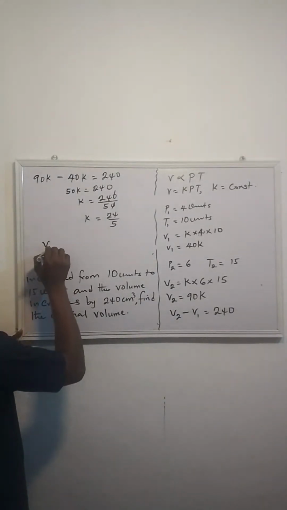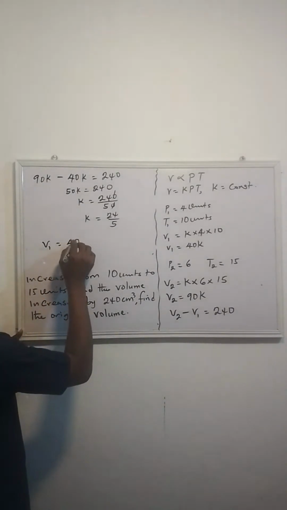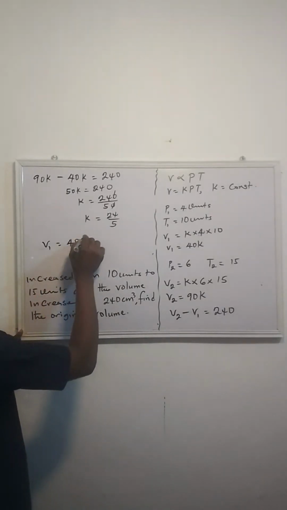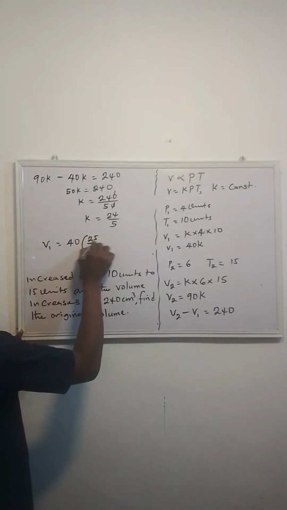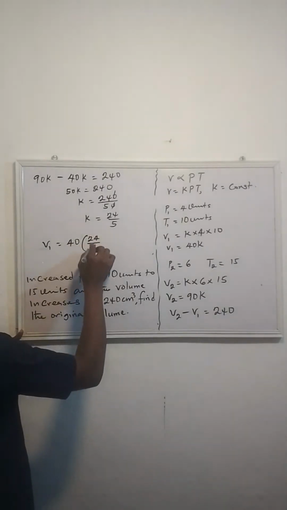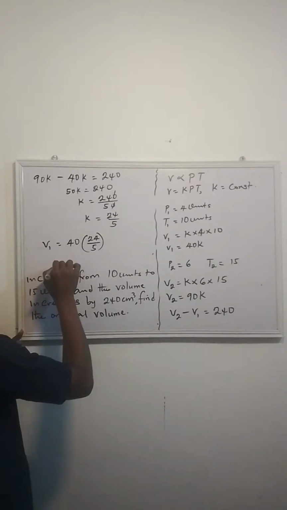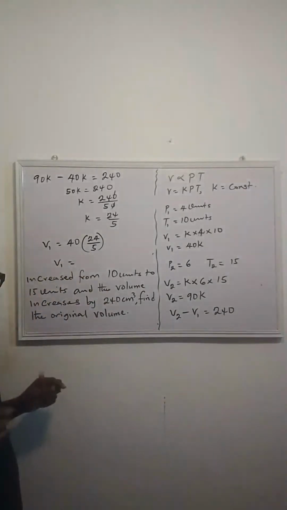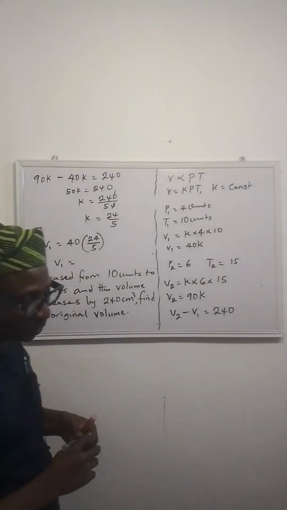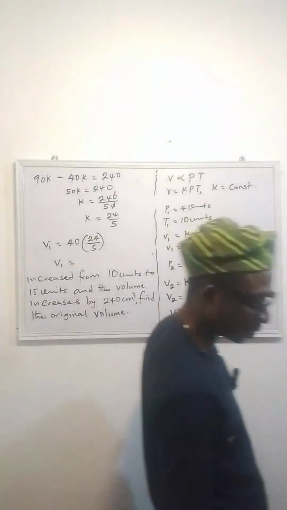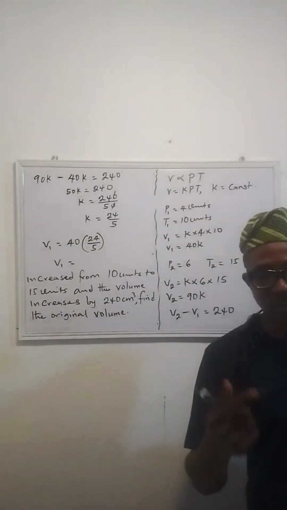So V1 equals 40K, and K is the same thing as 24 over 5. Can you tell me what's going to be the answer now? What's going to be the original volume? Do that and let me have your answer.